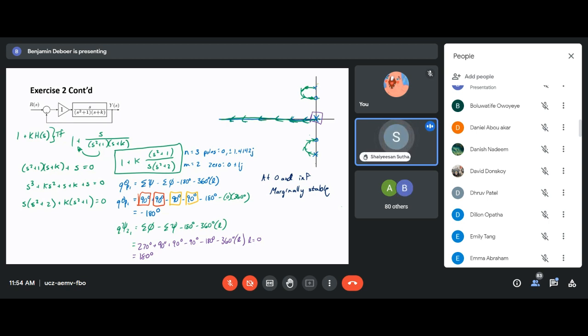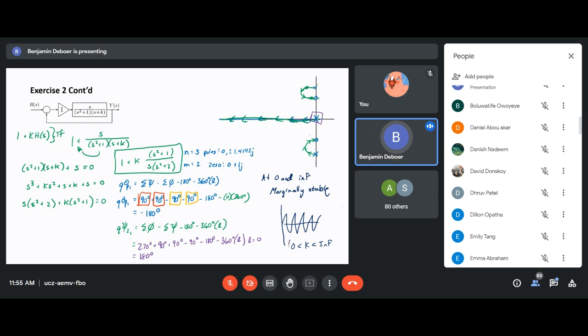So is it 0 and infinity? This system is marginally stable, or is it between 0 and infinity? No, so at 0 and infinity, it's marginally stable, meaning you're going to have constant oscillations, right? But anything between 0 and infinity, so if we did the Routh table for this, you'd get a value like this, right?